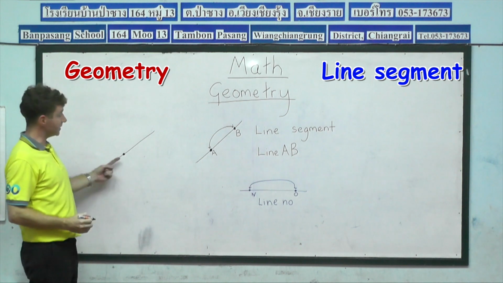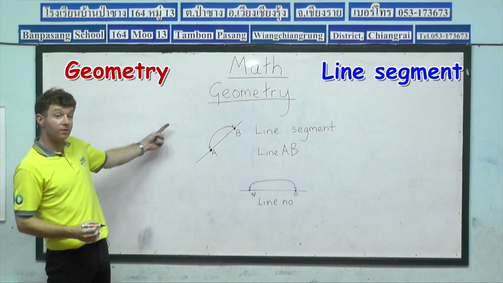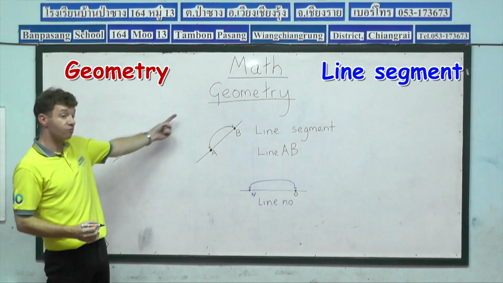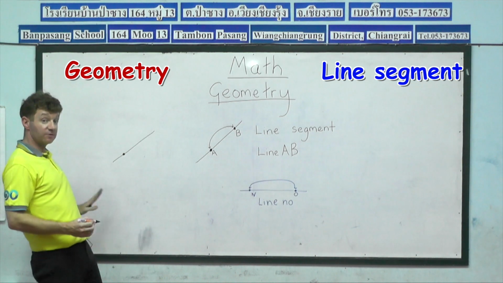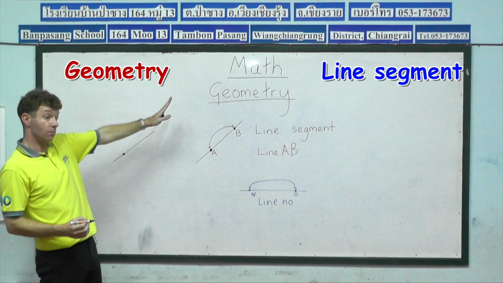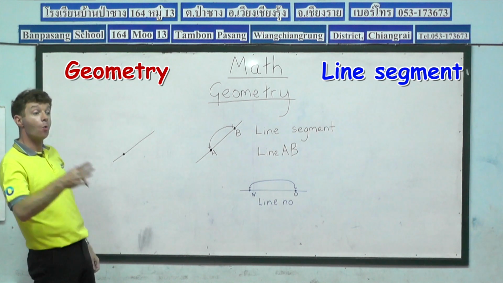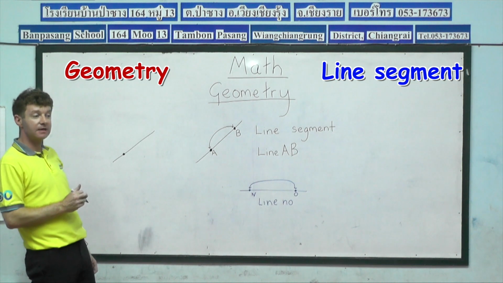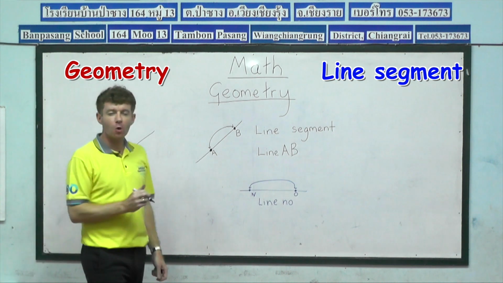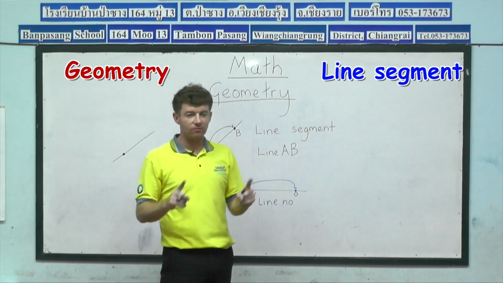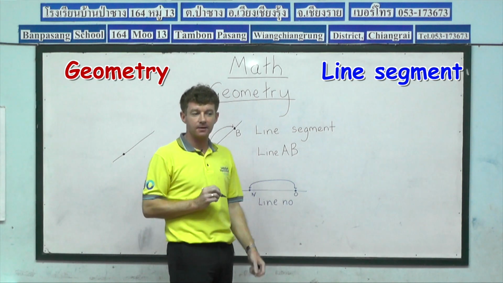That means that there is no end point for the line that is traveling this way. So if the line continues to go, we need to give it a feature so that we know what direction it's traveling in. Has anybody got any ideas what we could use to show how a line is traveling?